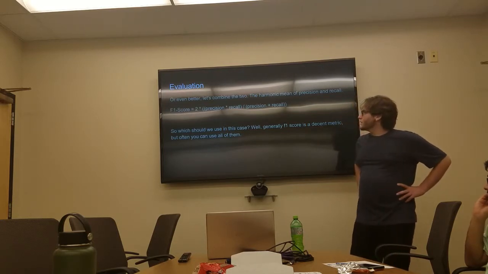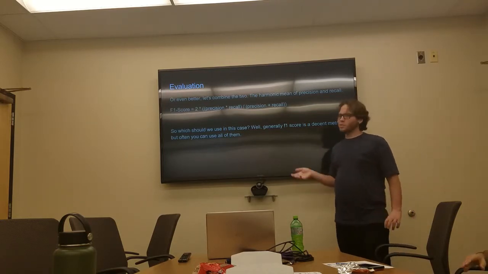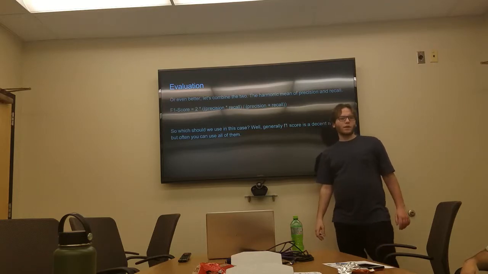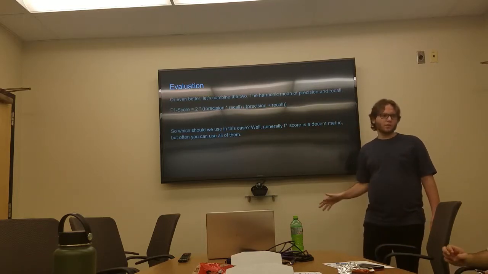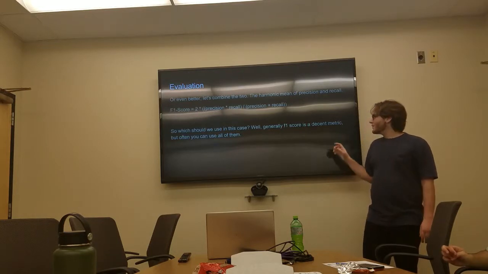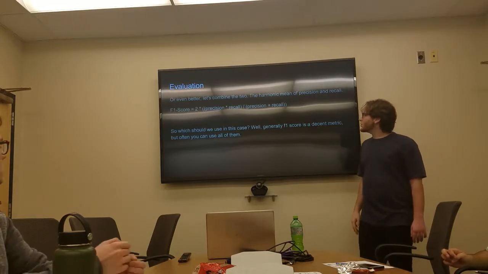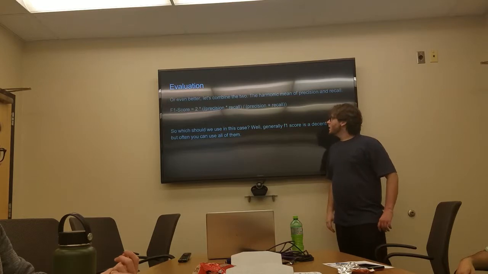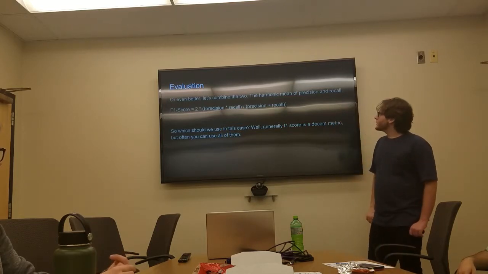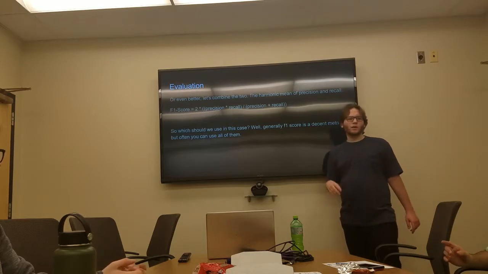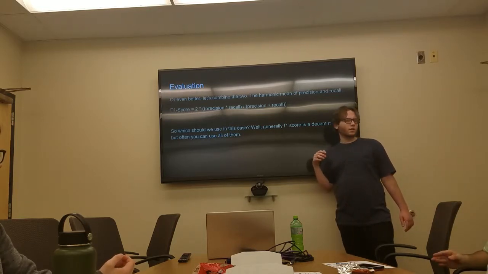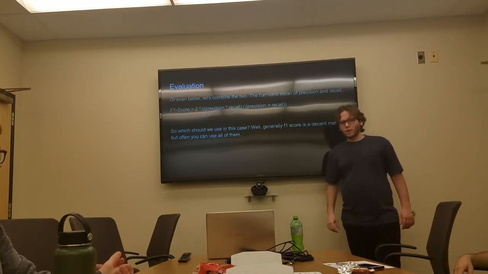F1 score is the harmonic mean of the precision and the recall. For binary classification tasks, this is used a lot to my knowledge. It's a pretty good evaluation system, and it's fairly representative of how well the classifier's doing.